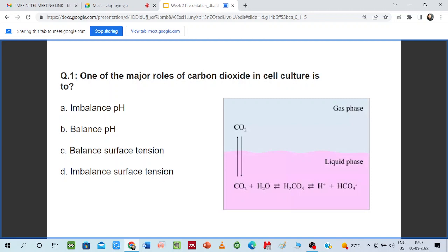So the only role of CO2 is to balance the pH of the media which is used in the cell culture. Can anyone tell me how much percentage of CO2 is used in cell culture?